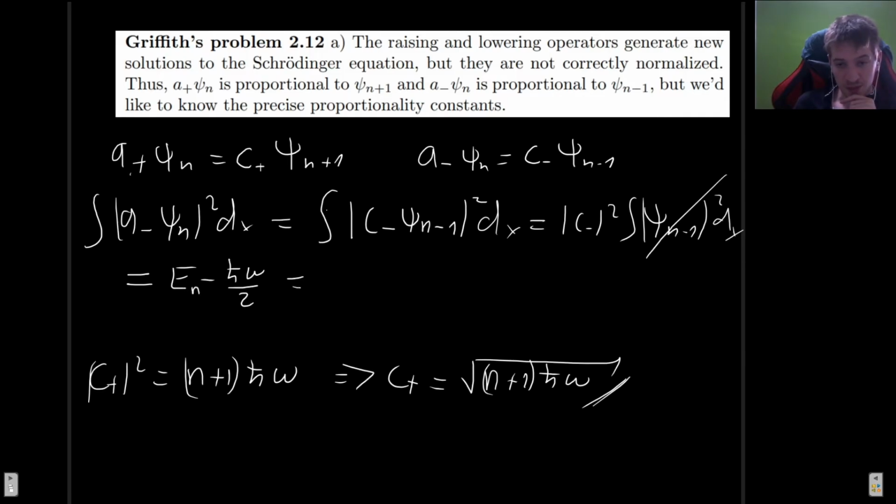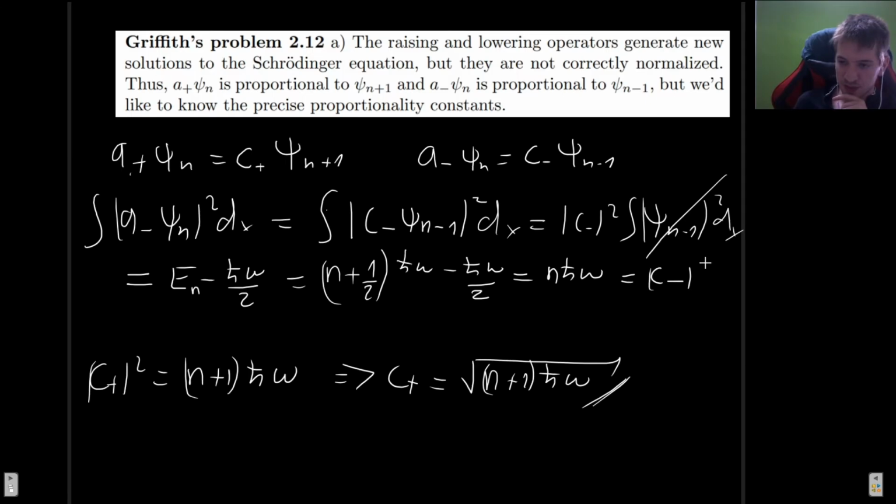So when we write the expression for en, we get that this is going to be n plus 1/2 h bar omega minus h bar omega divided by 2, which is just going to be n h bar omega. I kind of skipped that without wanting to. And this is going to be c minus squared. So c minus is just going to be the square root of n h bar omega.